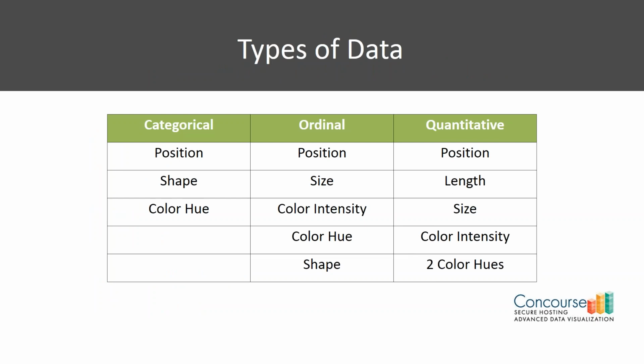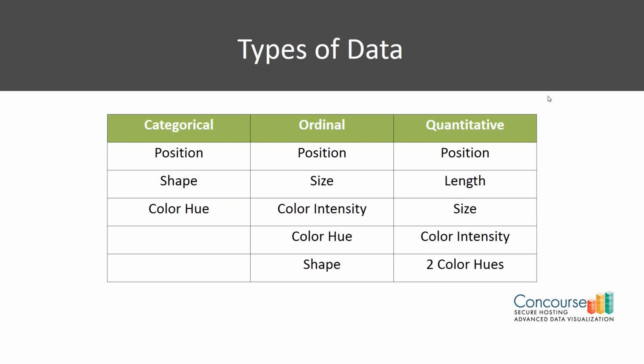In Tableau, these are organized in categories, which are called dimensions, and quantitative values, which are called measures. There are also ordinal values, where things may be in a certain order. Based on the type of data that you're working with, these are the kinds of things that you should use.